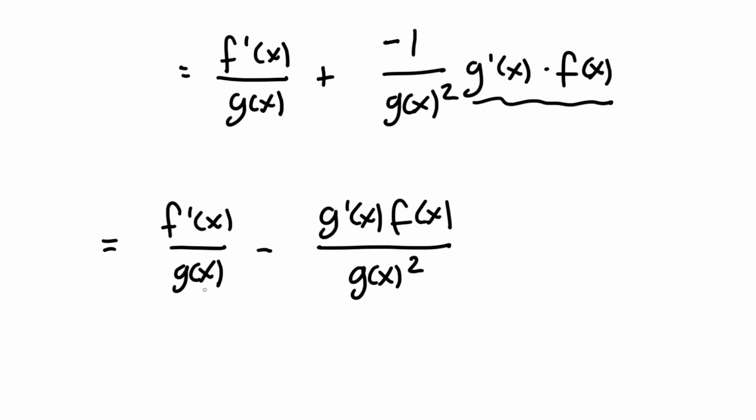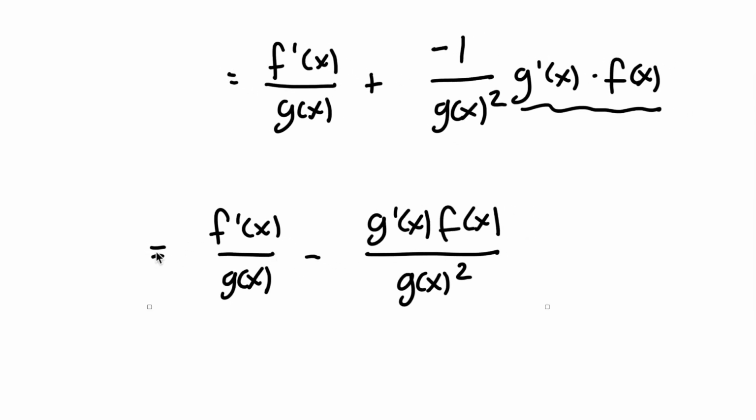Now, two fractions, let's get a common denominator. I'm just going to multiply this left-hand side by 1, or written another way, 1 can be thought of as g of x over g of x, right? Something a over a, b over b, whatever this number is, divided by itself is 1.